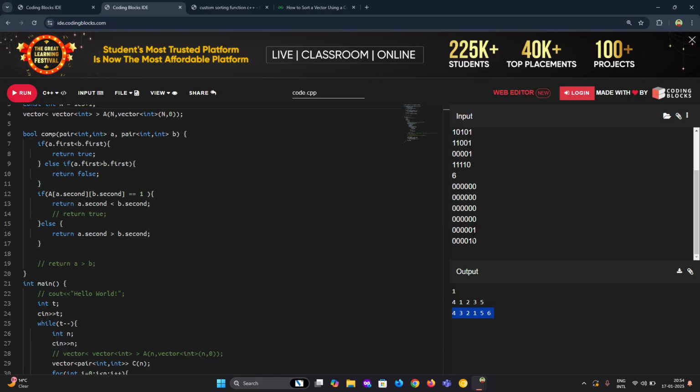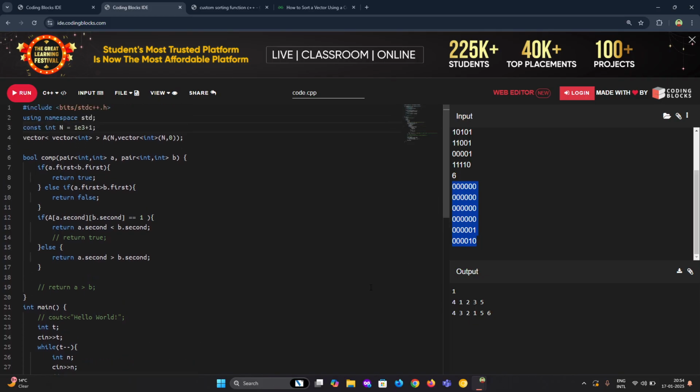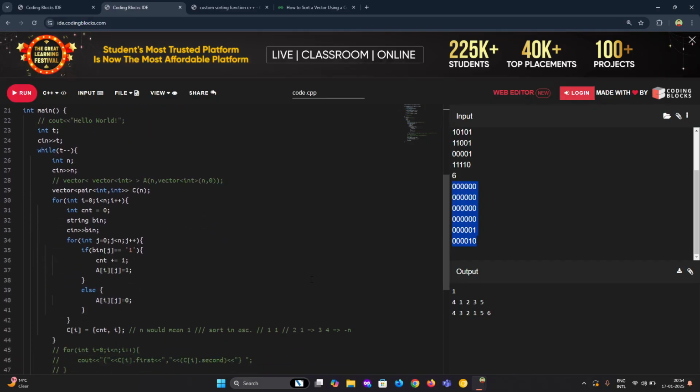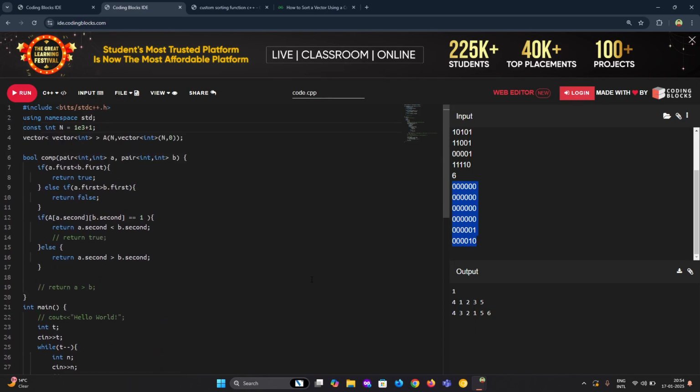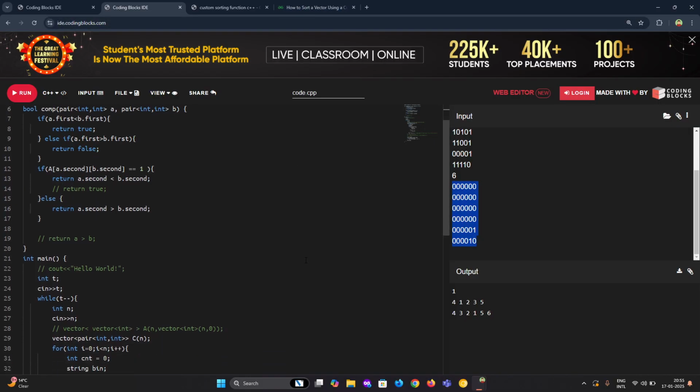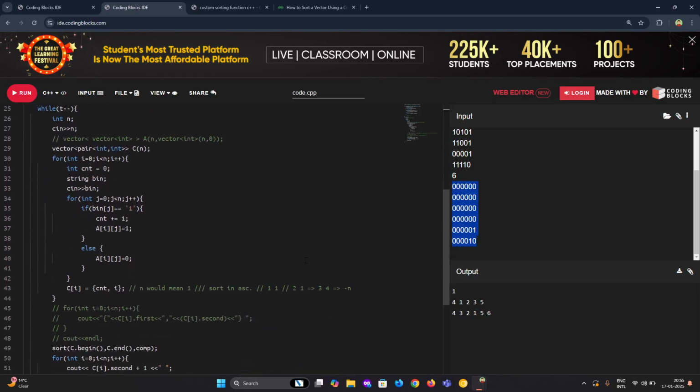What's going wrong here? My comparator is wrong.